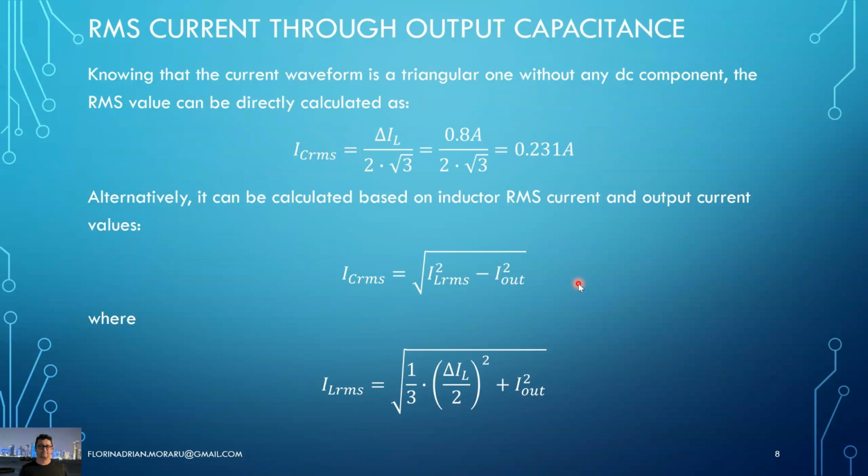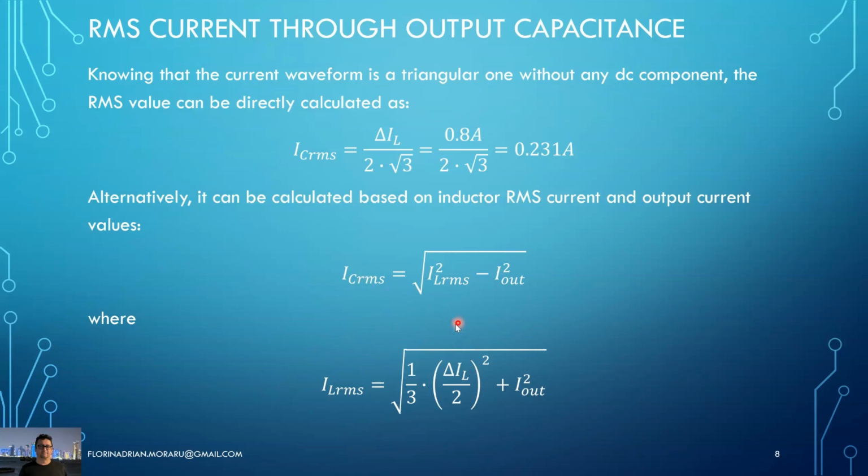Okay, for the RMS current, we need to be sure that our capacitor can handle the current. Because we see there is a rectangular or triangular waveform, there are already calculated formulas provided that can be used to calculate the RMS current to the capacitor.